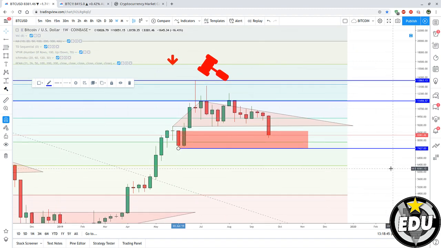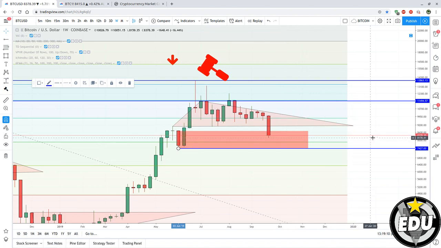Why do I want to see a bounce before this level, 7.4? And I don't know if it will bounce. I want to be precise here. When I say we will reach 7.4, I don't mean we will bounce on 7.4. My target is 7.4. Then I will see if we will bounce or not.